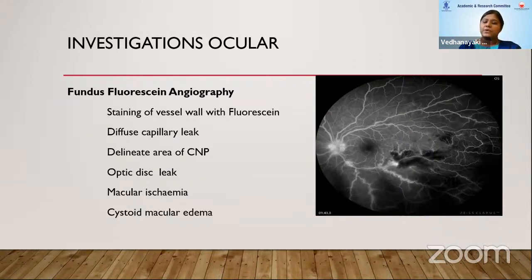So it will tell us where to laser photocoagulate. As we said earlier, too much photocoagulation can lead to nyctalopia, so this will tell us where the patient actually needs laser photocoagulation. There may also be optic disc leak, and the reason for vision loss in the patient may be macular ischemia or CME, which can be detected in FFA. Again, OCT will help us detect cystoid macular edema.